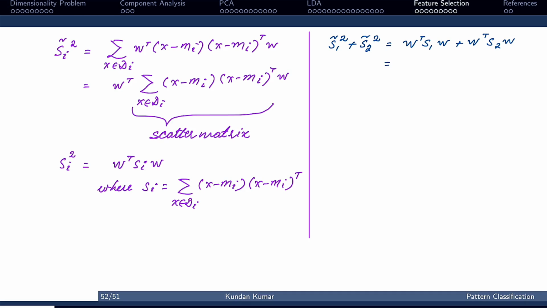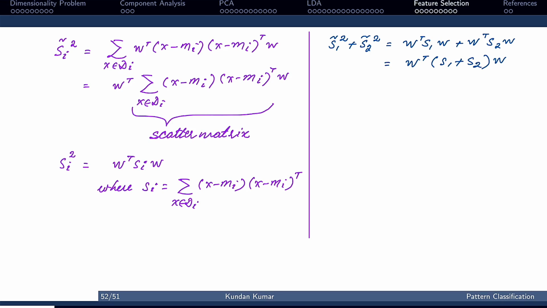So we can write W transpose (S1 plus S2) W, where S1 is the scatter matrix of the samples in set D1, and S2 is the scatter matrix of the samples in set D2.